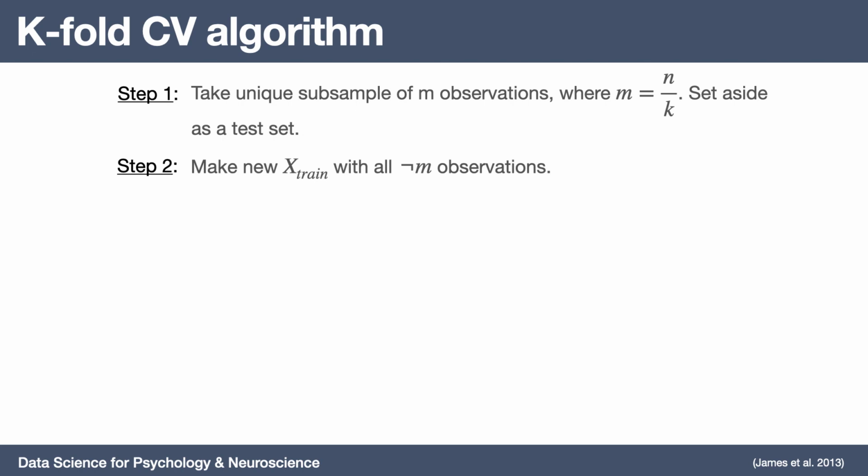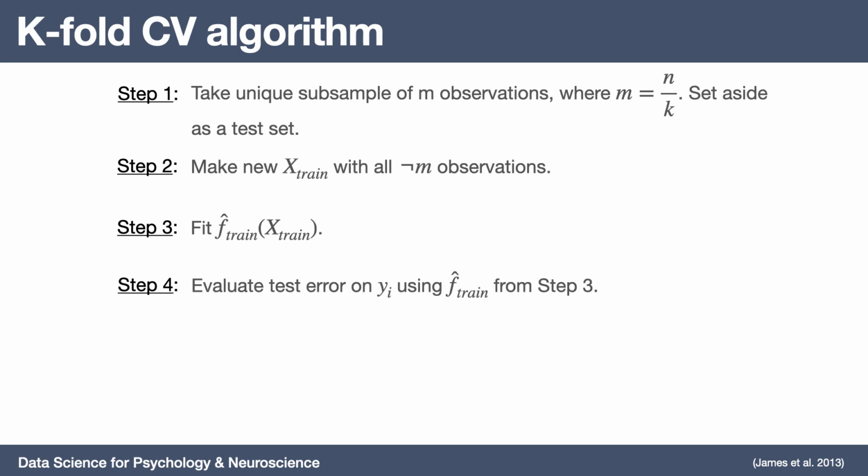You're going to make a new x train training data set with all not m observations. So that's observations included in all the other partitions except for the one you're using in this fold for the test set. Step 3, learn or fit a new model to that training set. Step 4, evaluate your test error on y i from that model that you learned in step 3.